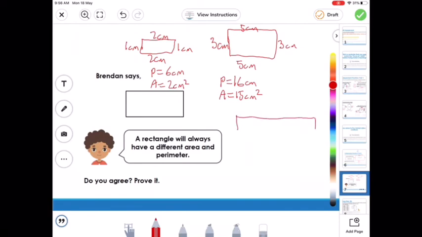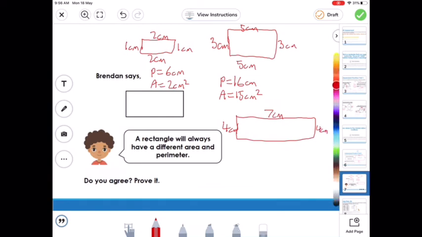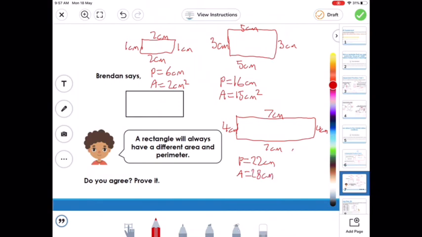Let's try another rectangle. Let's go for 4 centimeters, and a bigger number, 7. Now the perimeter, 7 plus 7 is 14, plus 4, 18, plus 4, 22 centimeters. Then the area, which is 4 times 7, is 28 centimeters squared.